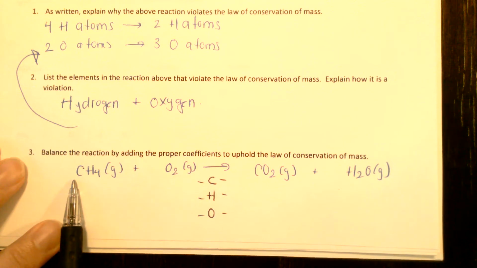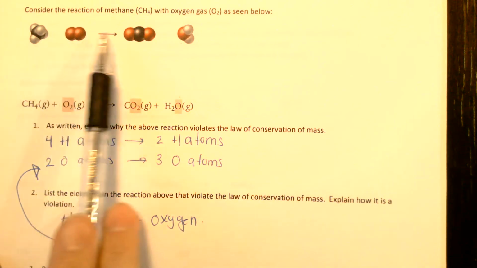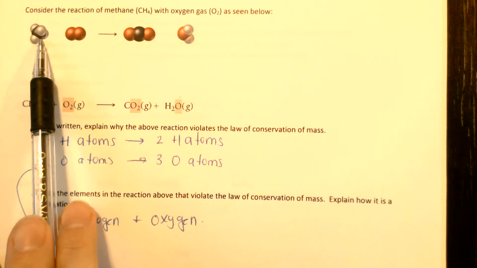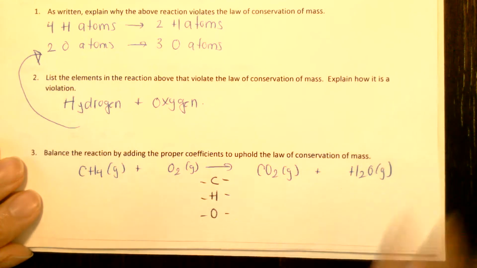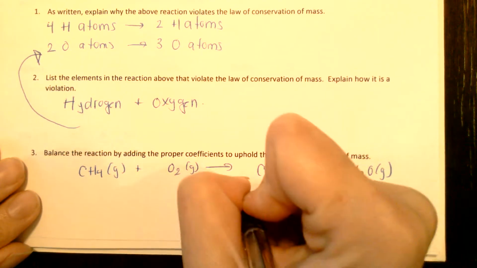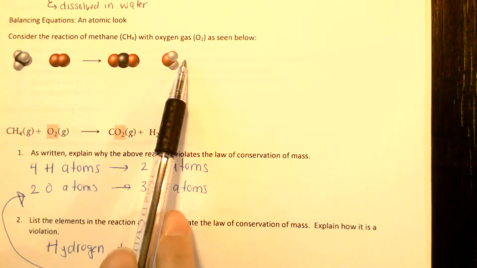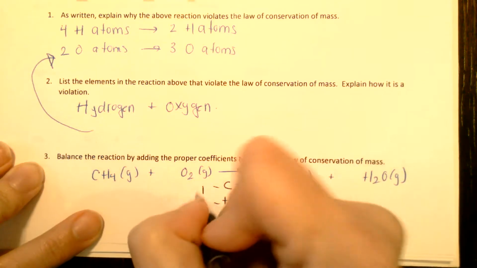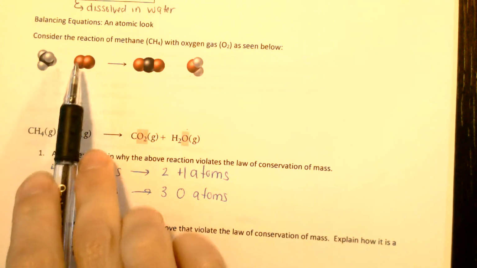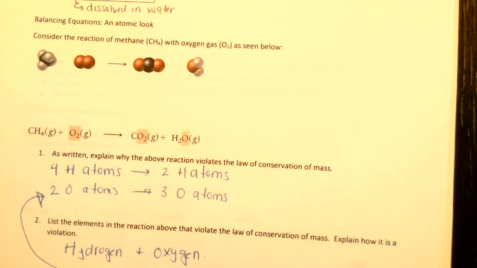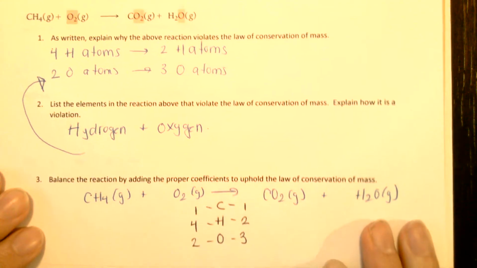Let's count it up. Carbon, 1. And again, you can refer back to this if you need to count it up. Carbon, we have 1 on the reactant side, 1 on the product side. So 1 and 1. Hydrogen, we counted this up. We have 4, and then we have 2. And then oxygen, we have 2, and it goes to 3.